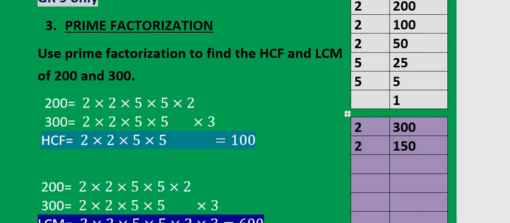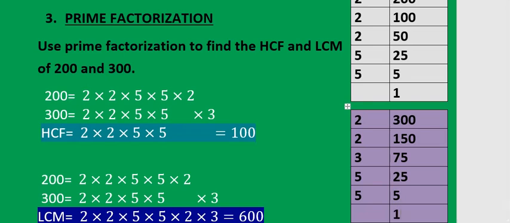And this will give us 75. Could 75 be divided by 2? No. The next prime number is then 3. Could it be divided by 3? Yes. And this will give us 25. Could 25 be divided by 2? No. Could it be divided by 3? No. And the next prime number is 5. Yes, we can divide it by 5 to get 5. And 5 divided by 5 gives us 1. And remember, we said we only stop when we get to 1.